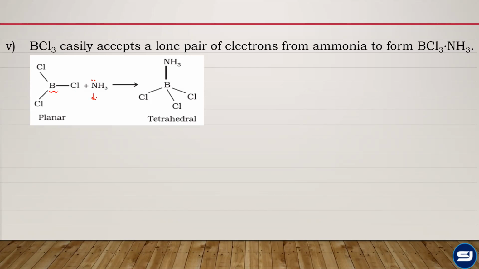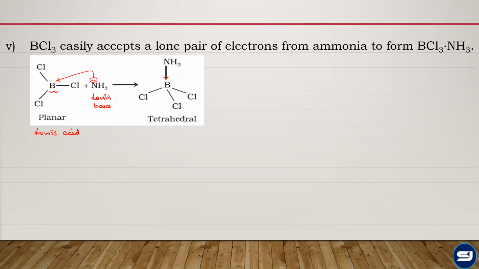So because of that, ammonia here behaves as a Lewis base, and BCl3 has electron deficient centers, so it will behave as a Lewis acid. So now the lone pair from the nitrogen would be donated to boron, and it will form a coordinate bond directed from nitrogen to boron.